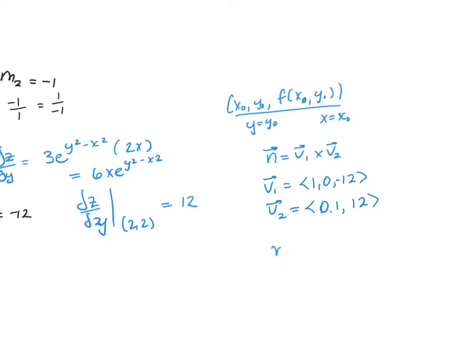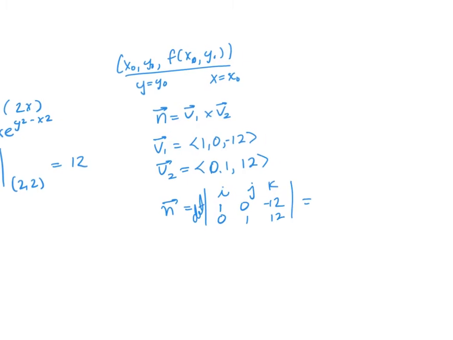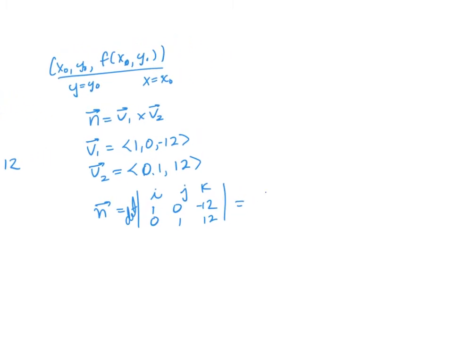Now my normal is going to be the cross product of this. So I have i, j, and k. 1, 0, negative 12, 0, 1, and positive 12. This is always the determinant. And this is going to give me, for the first component, 0 minus negative 12, so positive 12.